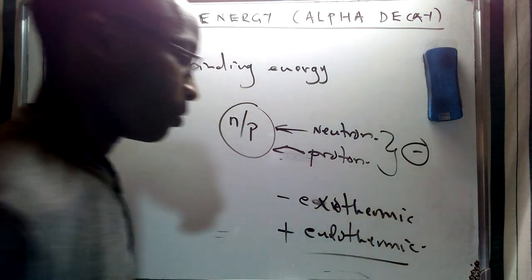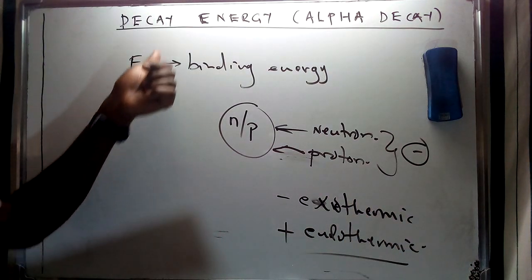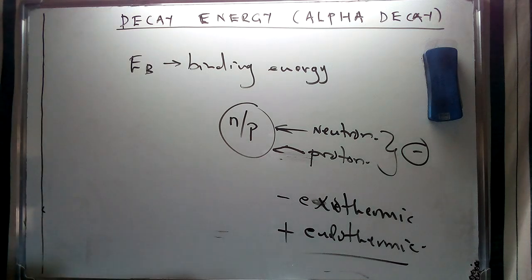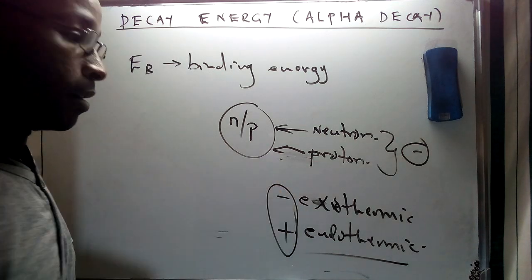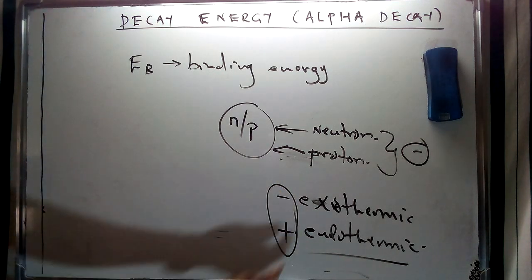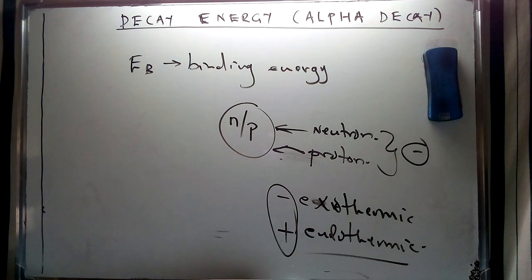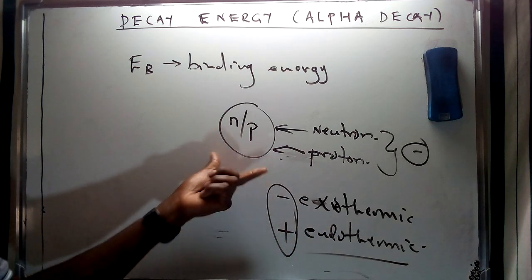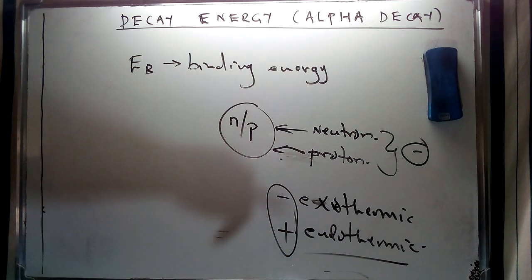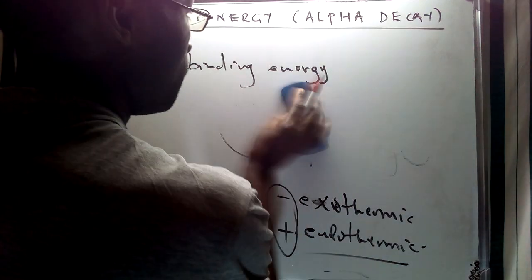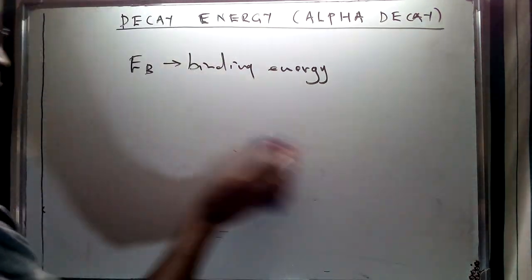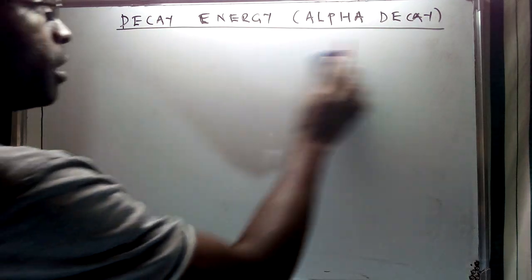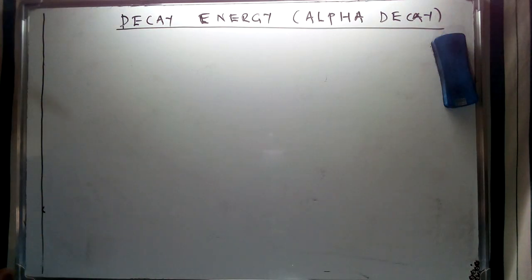Now, in reference to this, whenever we talk about the concept of decay energy, in some cases I'm going to use these two denotations for either release or uptake of energy in various nuclear reactions. So in our specific case for today, we're also going to see that alpha decay entails mass transformation.